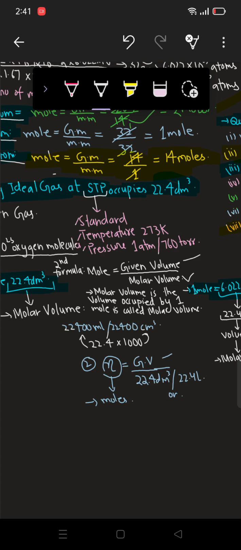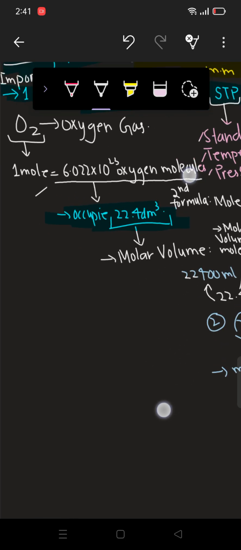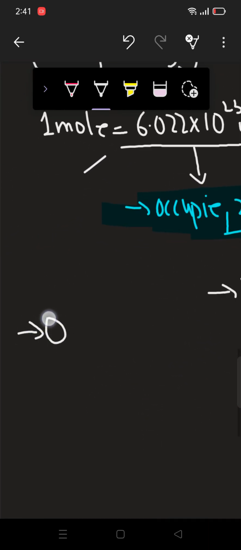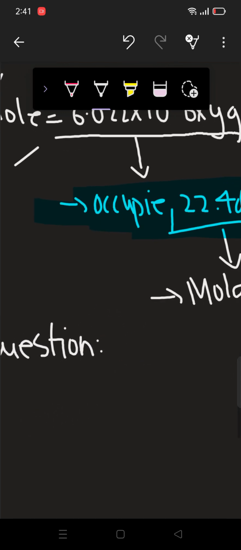So the first question is, find the number of moles of O3. O3 is ozone gas, alright, present in 5.6 dm cube of oxygen gas at STP. So let's write the question first, right? We're going to have a practice set today. The questions which we solve here by using this formula are very important, so you need to be very careful about this, right?